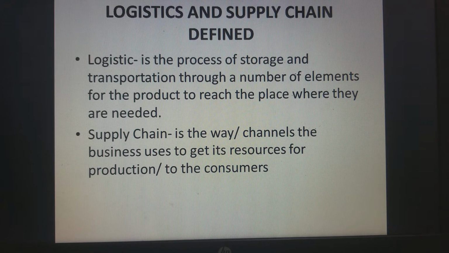So when we talk about logistics, then all those things that are necessary to be put in place for the movement of the goods and to allow the goods to reach the consumer or the customer when it is needed. Supply chain then is the way or the channels the business uses to get its resources for production or to get the goods to the consumers.